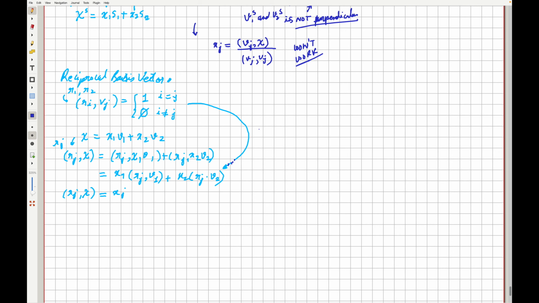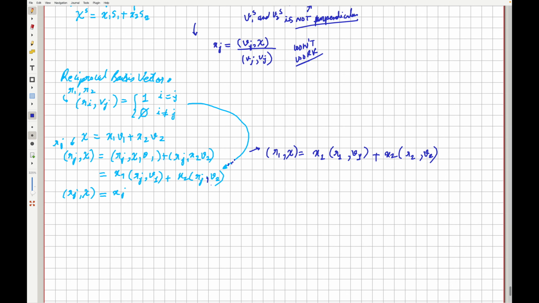And why is that the case? Because here, let's say we replace the j with 1. What we have is r1 dotted with x is equal to x1 r1 comma v1 plus x2 r2 comma v2. It should be a comma because we are doing a dot product.